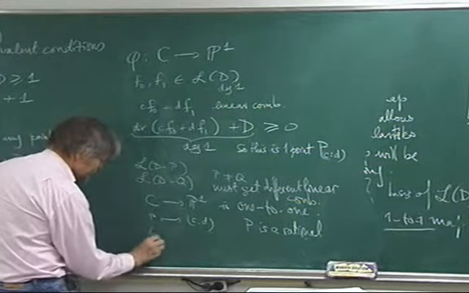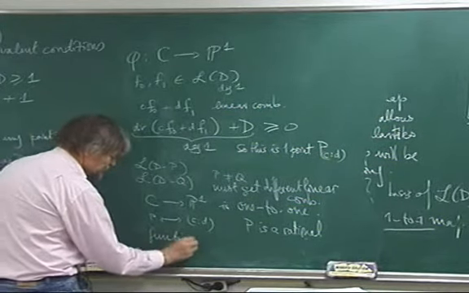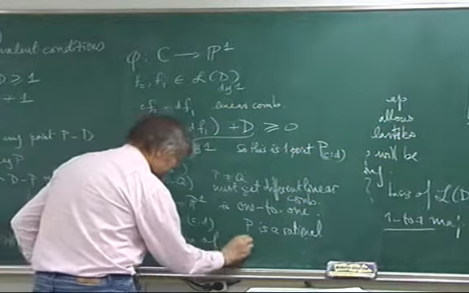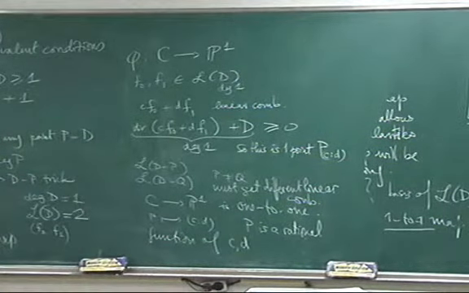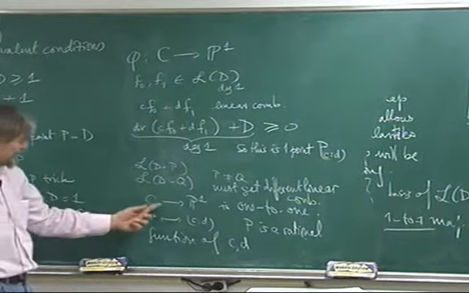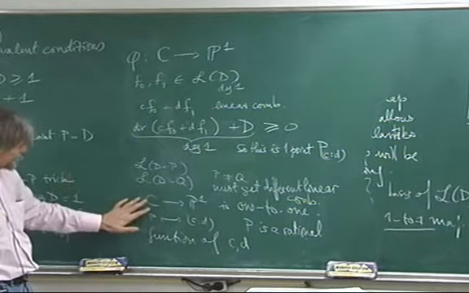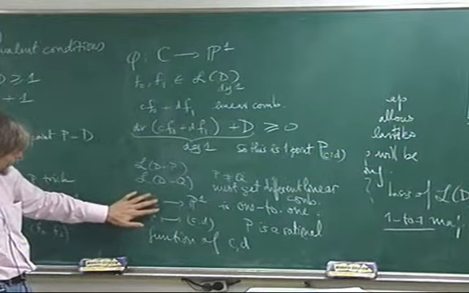It's a rational function of C and D. This is just because I've got a set of equations that depend on the equations of C, but those are fixed once and for all.